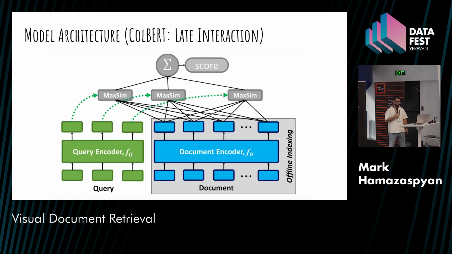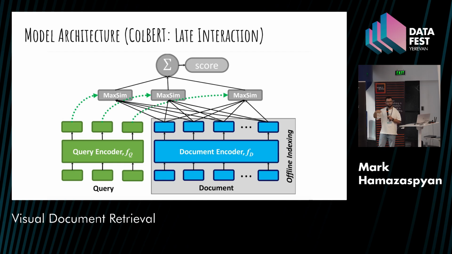So more on the late interaction part. Let me explain the process that's happening. For each query, in this case, our query is encoded into 3 tokens, and our document, let's say, into 4 tokens. For each query token, we calculate the cosine similarity with the most similar document token and take that value for that specific query token.